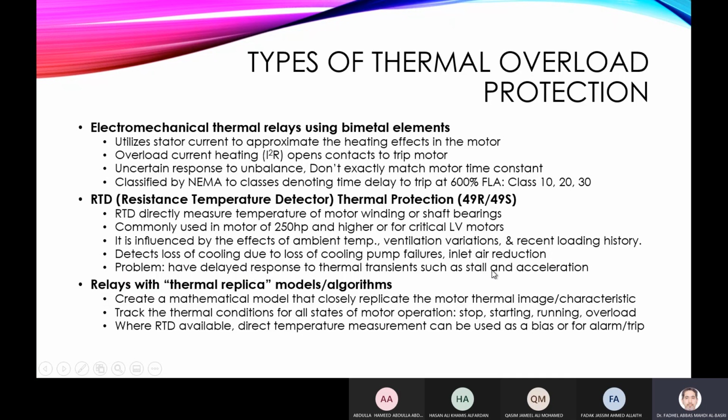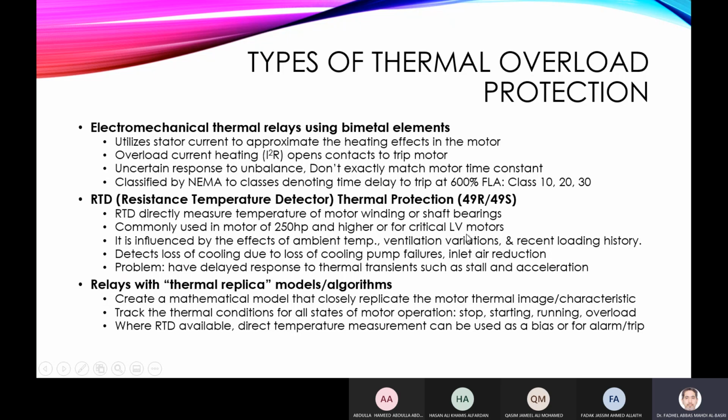Okay, especially at stall time, we don't want to wait a long time for the temperature to increase, because you know it is stalling, and so this is the time delay. So instead of this, or sometimes in addition to this, we use relays with a thermal replica model.